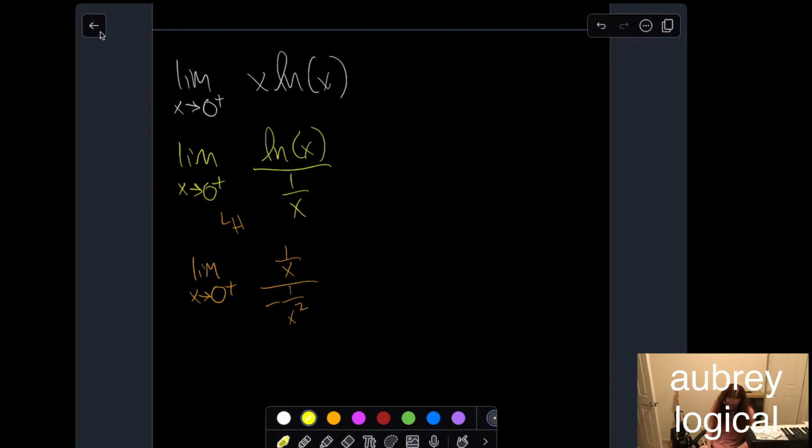We plug in 1 over a very, very small positive number, which is going to be equal to infinity over, well, you just can't do 1 over 0. So that's indeterminate as well.